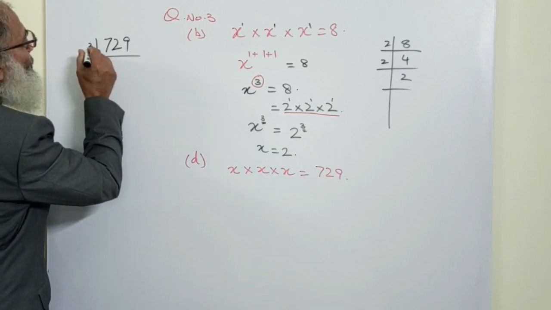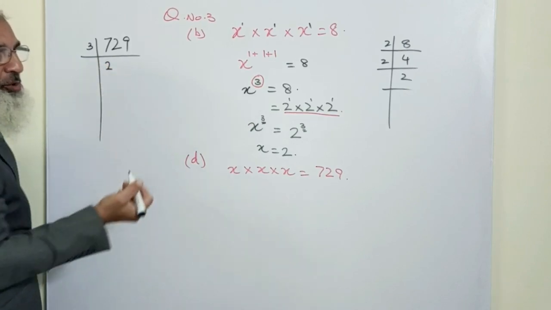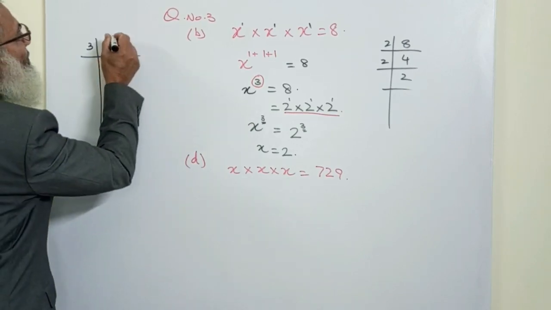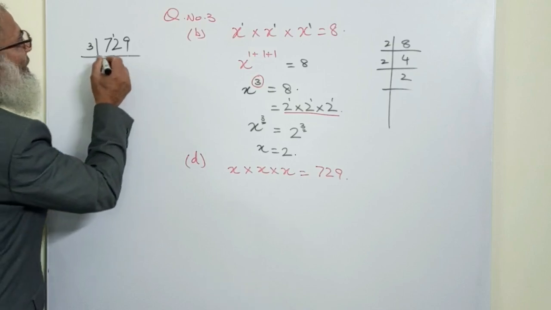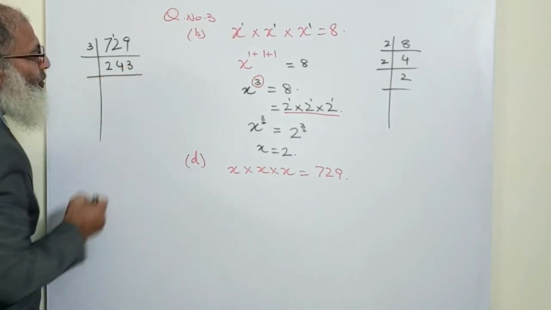3 times 2 is 6, 3 times 7 is 21, 1 comes out of here, 3 four times and 3 three times.